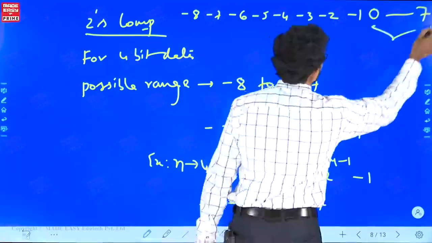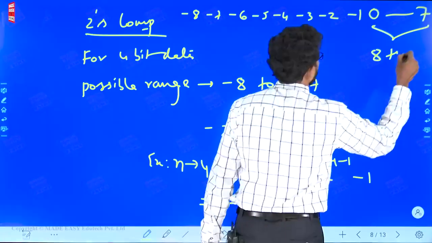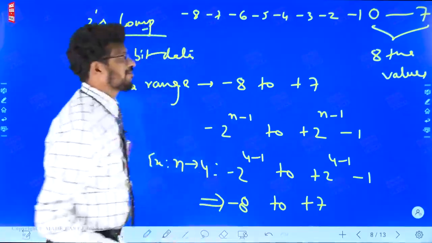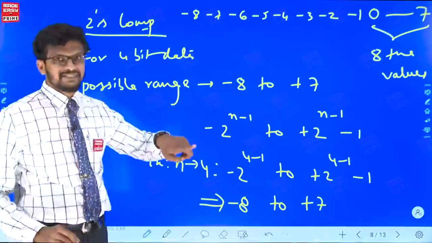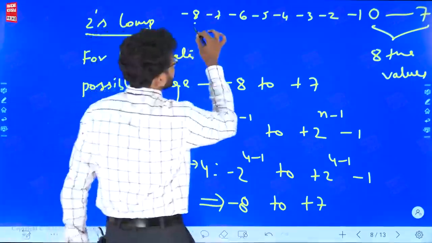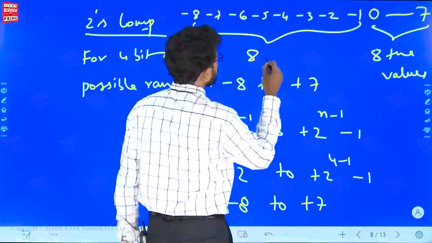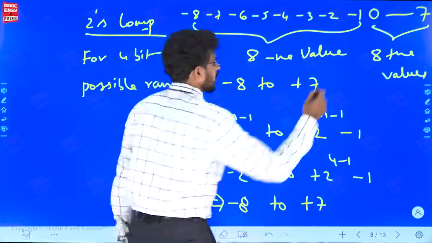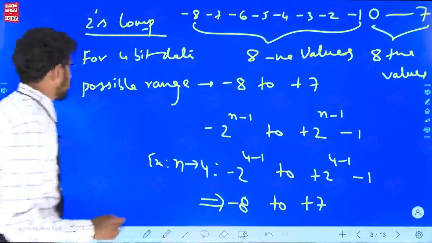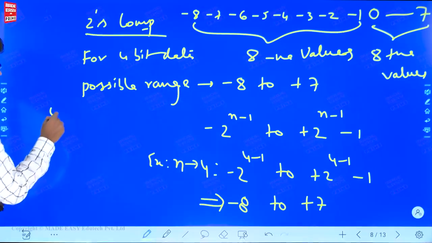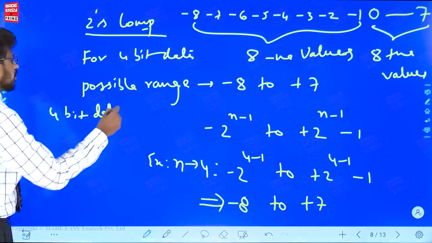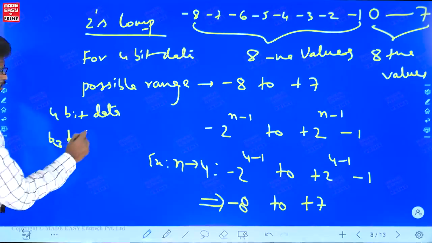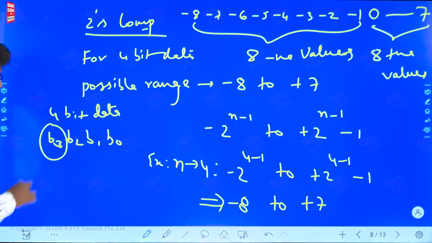So these are all 8 non-negative values. Now observe carefully. There is no minus 0 and hence there must be 8 negative values also. If I take 4-bit data, B3, B2, B1, B0, the top bit is for sign.